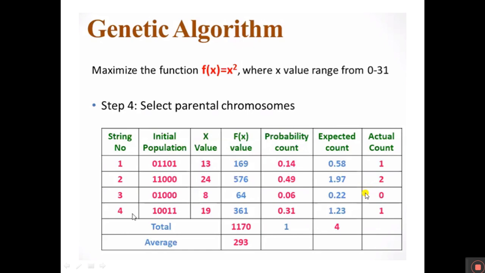That means this chromosome is unfit for further selection of parents and to produce offspring. Now we can eliminate string 3, not fit at all. So now string 2 is the highest fit chromosome among all. So this is the parental chromosome.